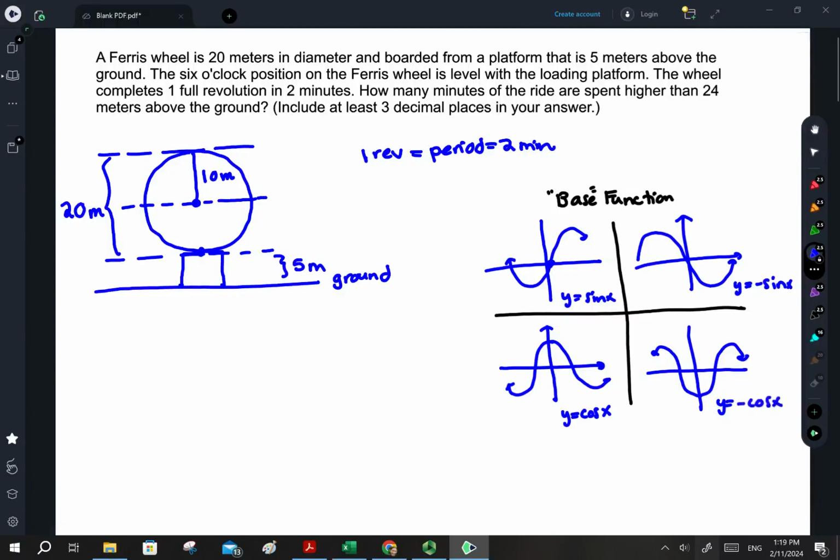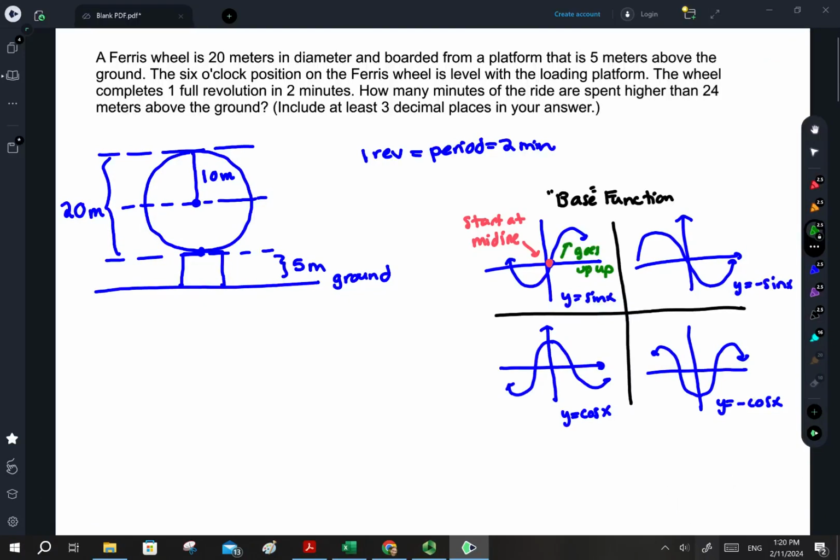And the key things I'm looking for on these base function options is where do they start? And by start, I mean where is the function on the y-axis and where do they go from there? So what I mean by that specifically is that if I look at my y equals sine of x graph, it starts at the midline and then it goes up.